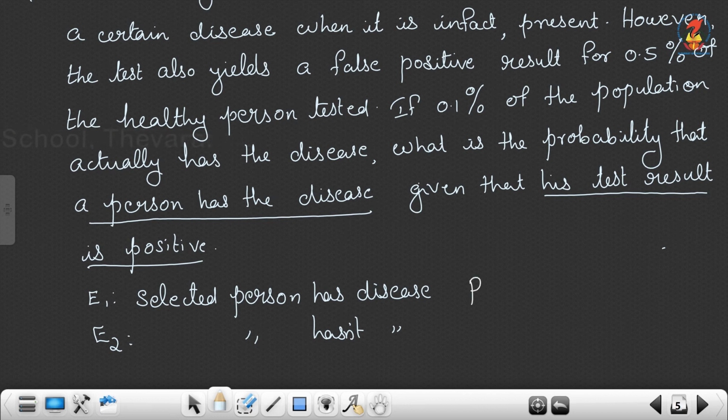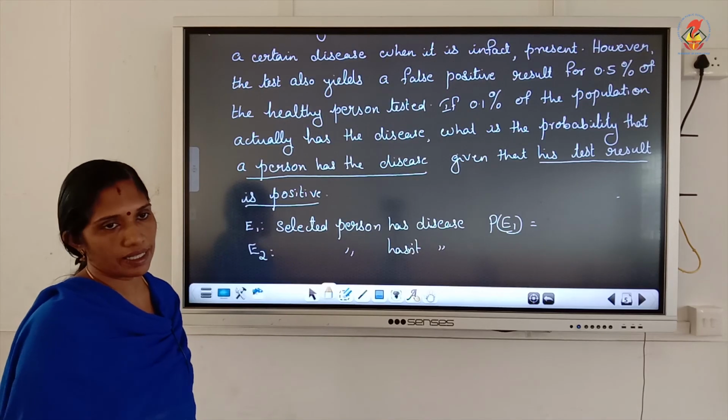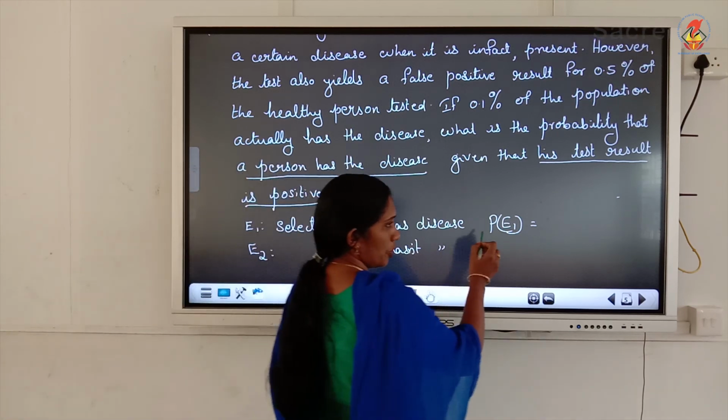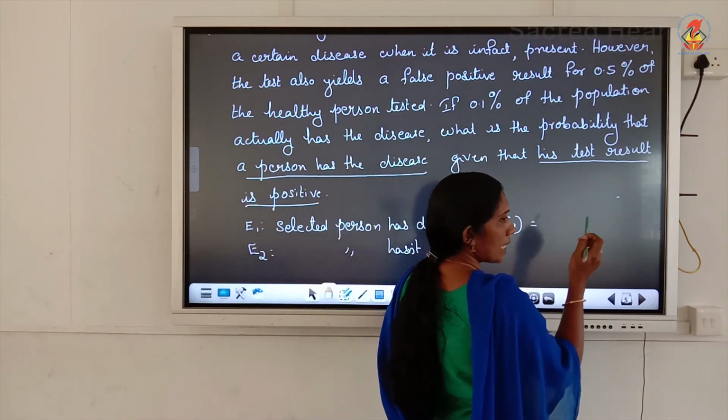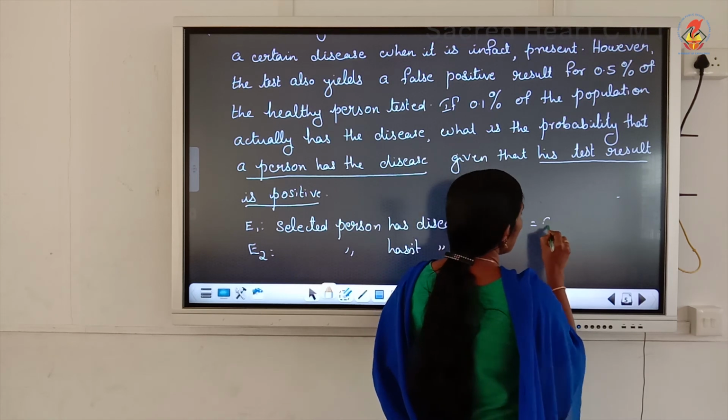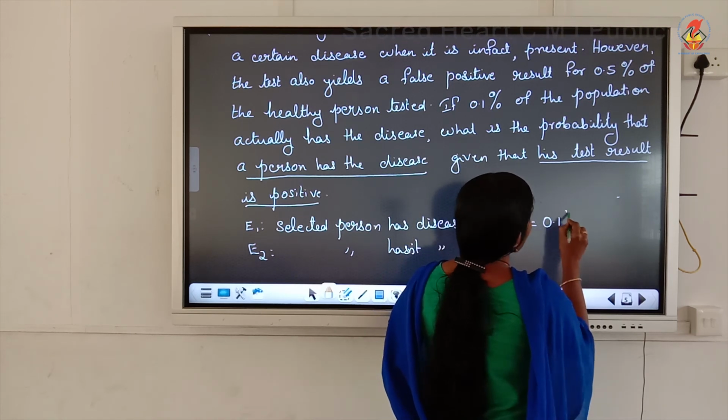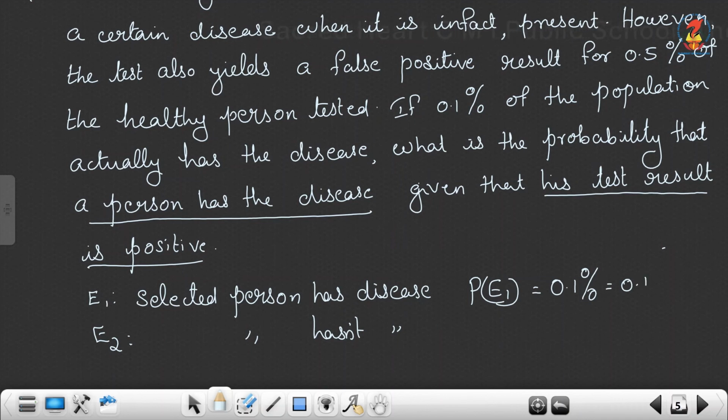Now what is the probability? It is given that 0.1% of the population actually has the disease. So we can write P of E1, which means the person has the disease. The probability is 0.1%, or we can write 0.1 by 100, or multiplying numerator and denominator by 10, it is 1 by 1000.